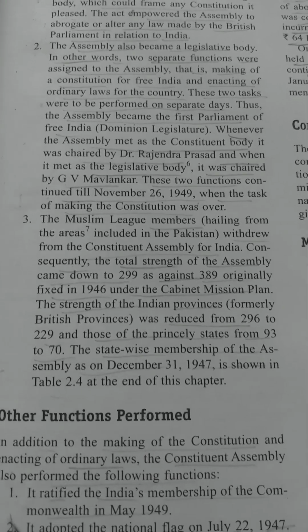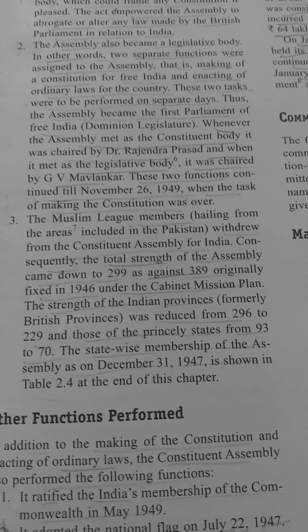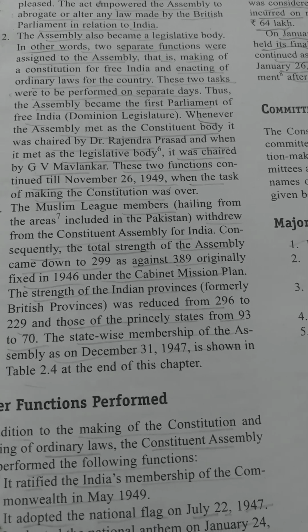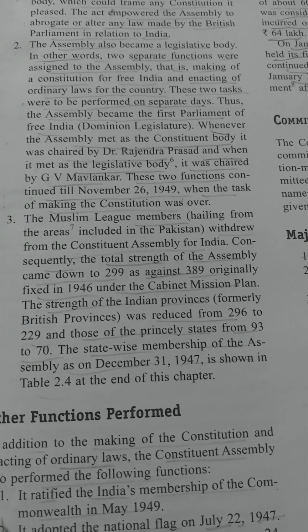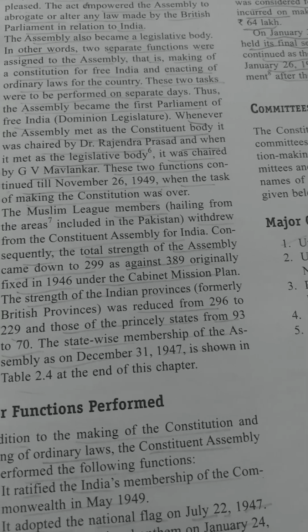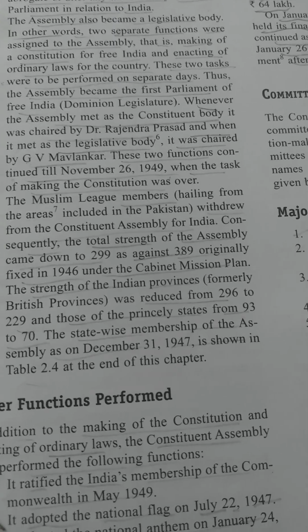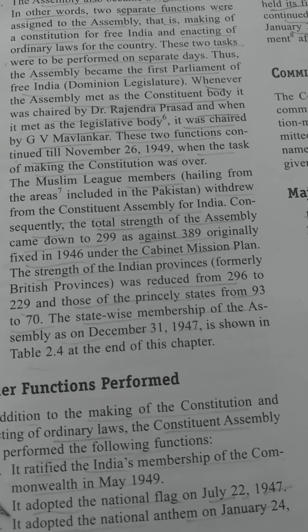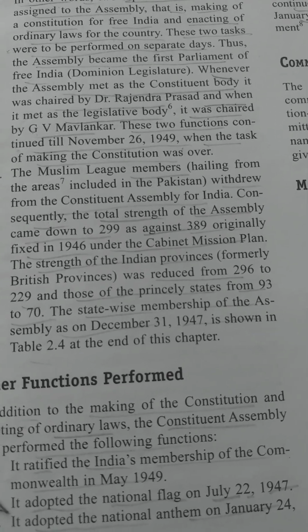The Muslim League members hailing from the areas included in Pakistan withdrew from the Constituent Assembly for India. Subsequently, the total strength of the assembly came down to 299 as against 389 originally fixed in 1946 under the Cabinet Mission Plan.